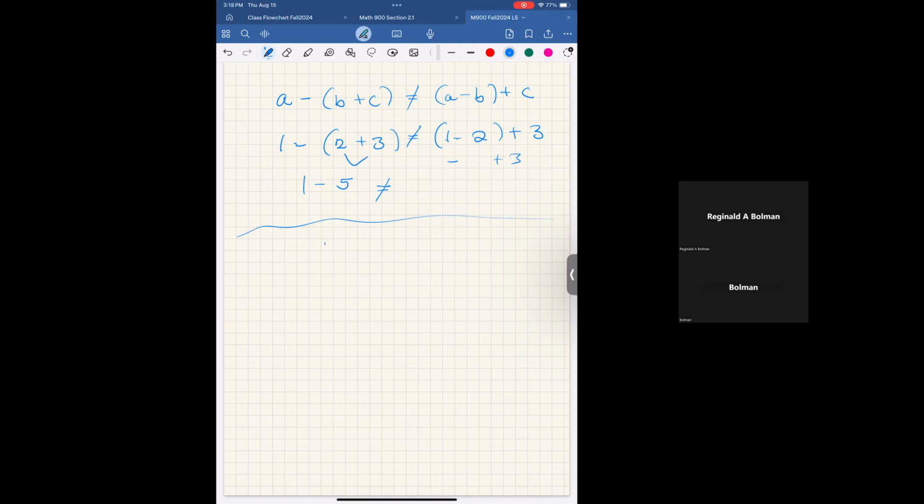Okay. Another law that we need to know before we move on to negative numbers is what is known as the distribution law. The distribution law says that whenever you have three values, such as an A, B, and C, and you're adding two quantities and then multiplying by a third, then what's going to happen is a little bit strange.